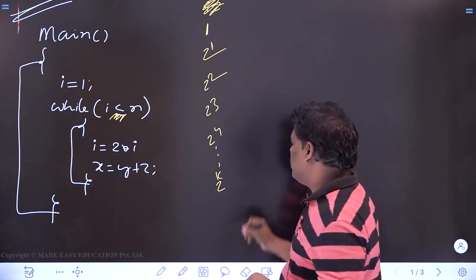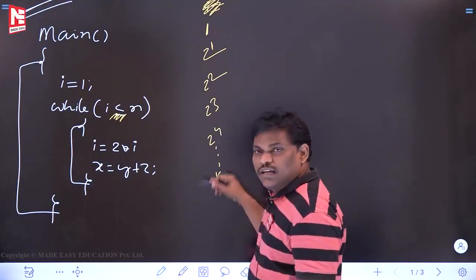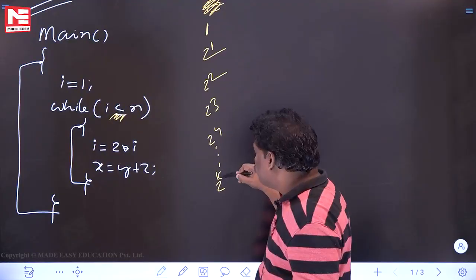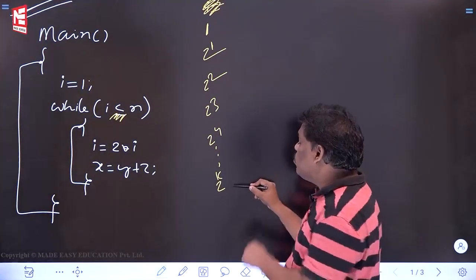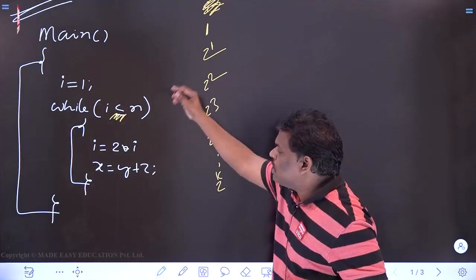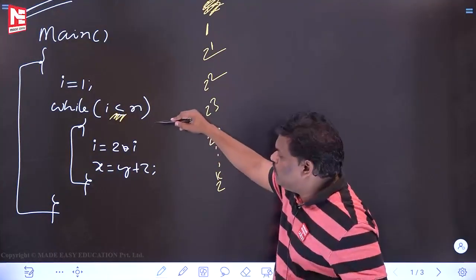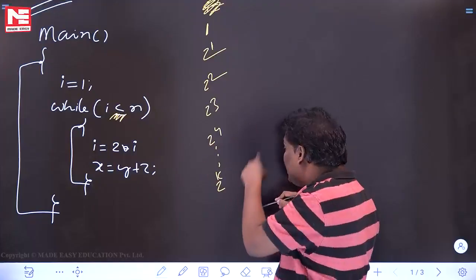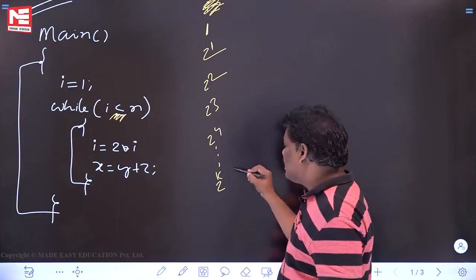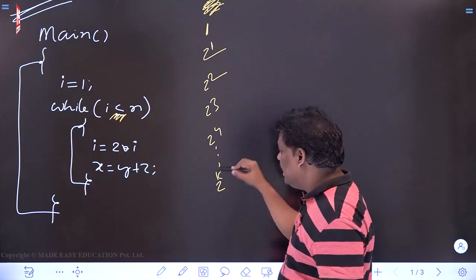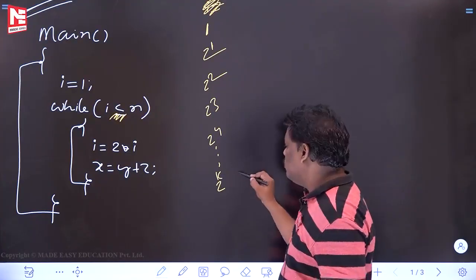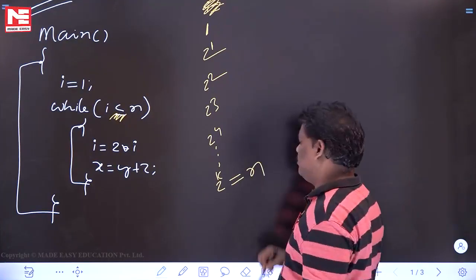If you do it k times, i is incrementing, and the i value becomes 2 power k. Some people are asking, after k times why are you stopping, since this loop could continue? After doing k times, this became 2 power k, but I am stopping. What is the reason? After completing k times, I got 2 power k as the i value, which is equal to n.